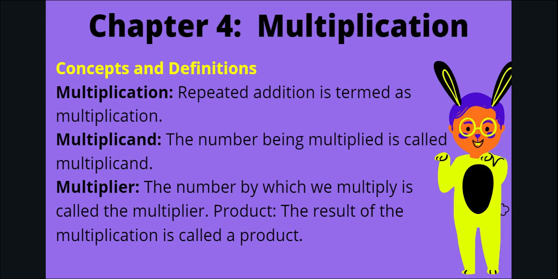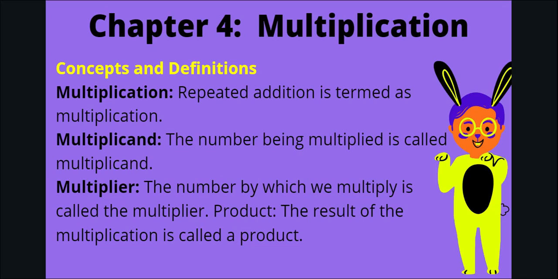Multiplication. Repeated addition is termed as multiplication. Multiplicand. The number to be multiplied is called multiplicand. Multiplier. The number by which we multiply is called multiplier.